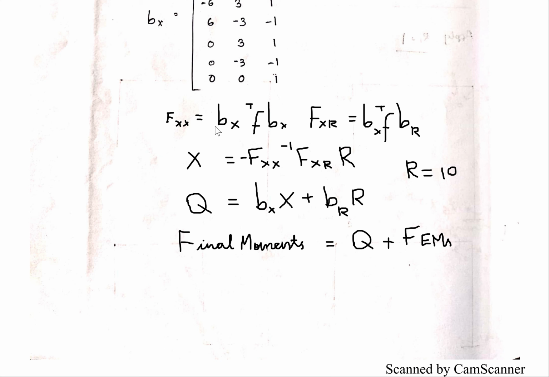Then find out Fxx, then Fxr, which is equal to Bx transpose into f into Br. Then find our unknowns x1, x2, x3, which is equal to minus Fxx inverse into Fxr into R. Here R is equal to 10. Then Q is equal to Bx into x plus Br into R. After finding the element forces, we can find the final moments as Q plus fixed end moments.